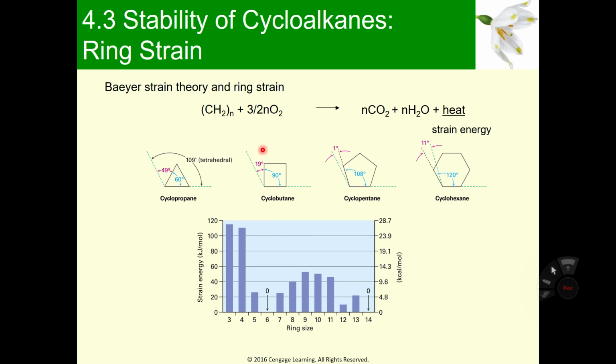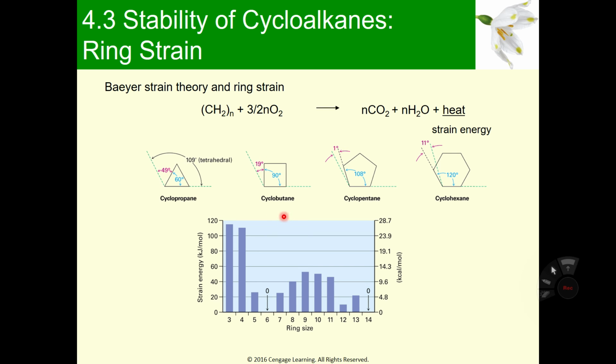There are several other kinds of strains. We already learned torsional strain and steric strain. So in this chapter, we introduced the concept of ring strain. So we learned three different kinds of strain energy: ring strain energy, torsional strain energy, and steric strain energy.